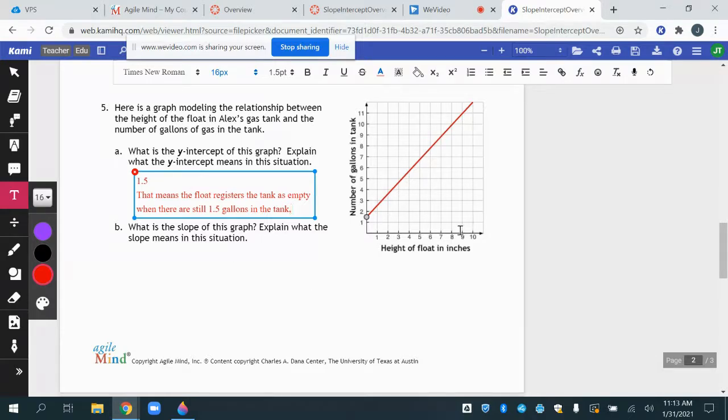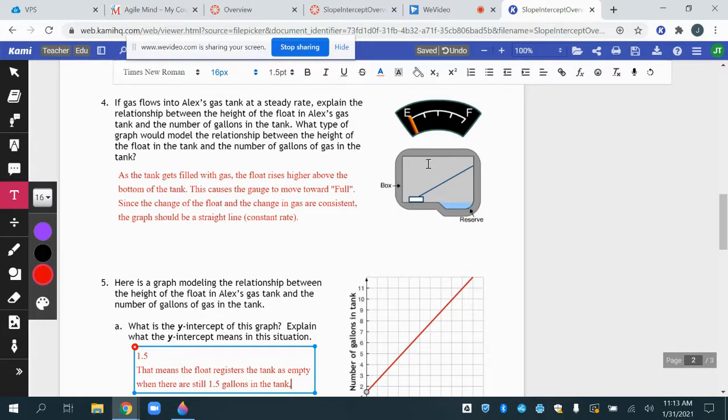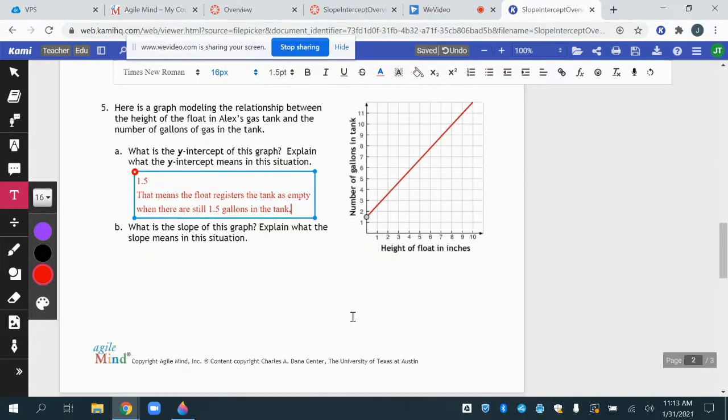There, the float is at 0, so the float's saying there's nothing in the tank. The gauge says it's empty. There's still 1.5 gallons of gas down here in the tank.